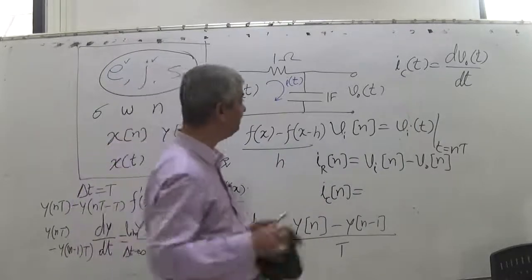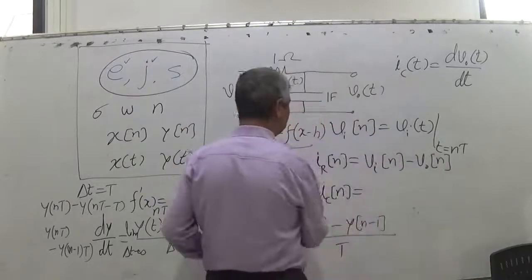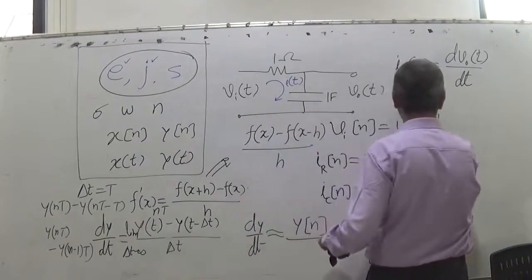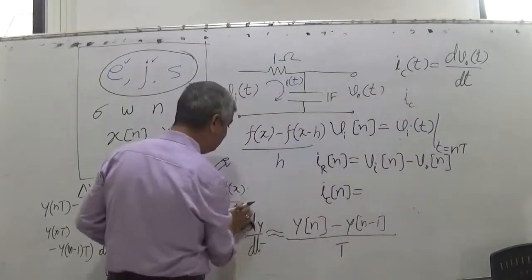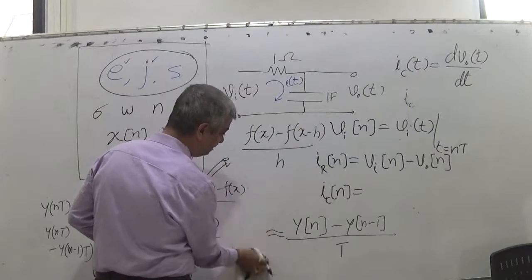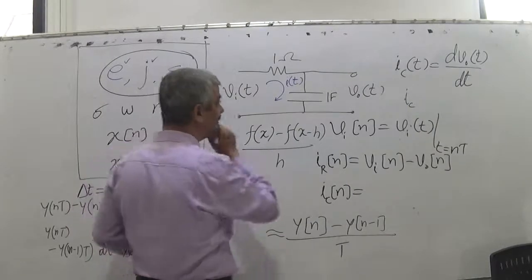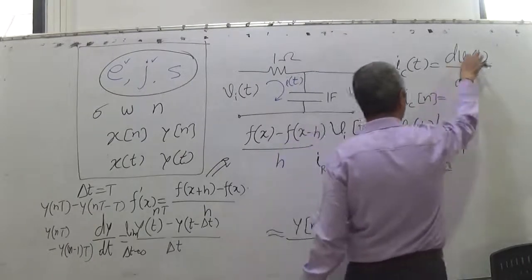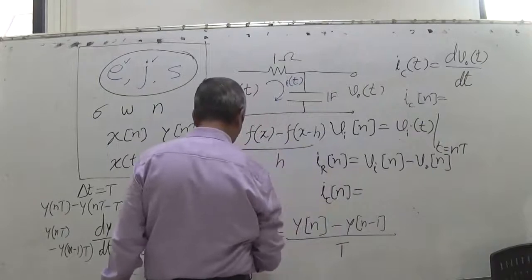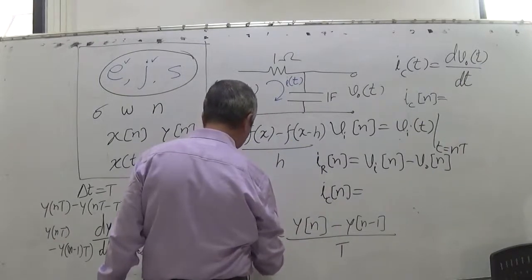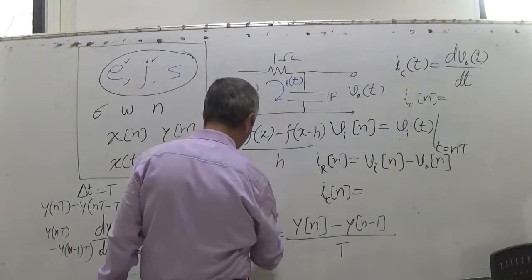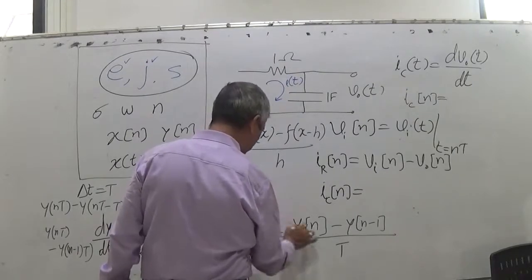So in this case, what would be iC(t)? This is the derivative in difference equation form. That is dy upon dt is approximately equal to this.